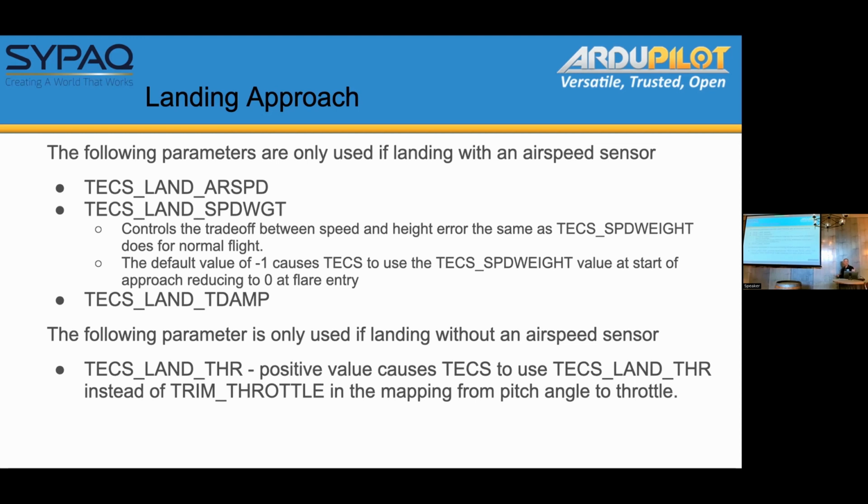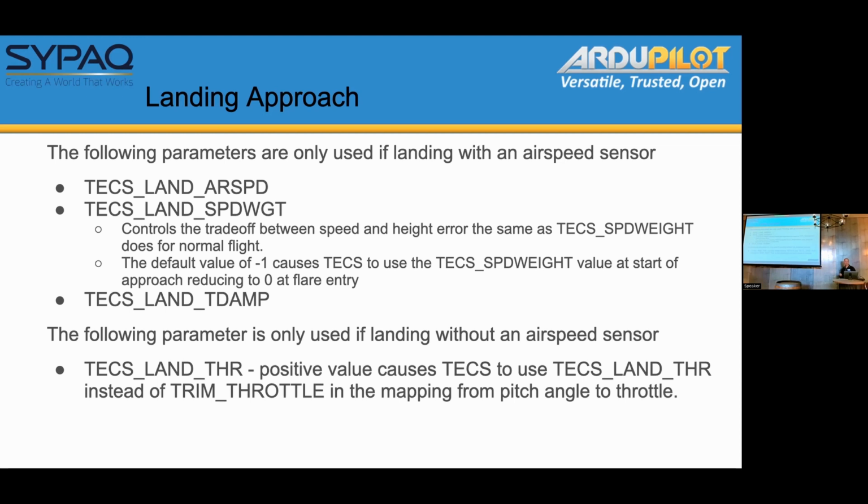Well, this parameter, the default value is -1, and what -1 means is that at the start of your landing approach, you're using the speed weight that you were using previously. By the time you get towards your flare position, it's actually dropped the value to 0. So that by the time you enter your flare, it should be controlling the height and completely ignoring the airspeed using the pitch. So yeah, that speed weight phases, basically blends.